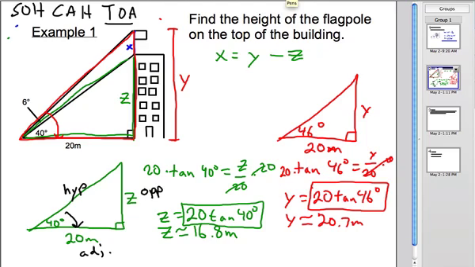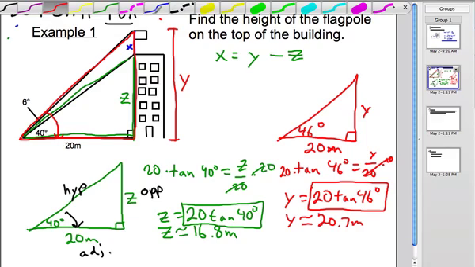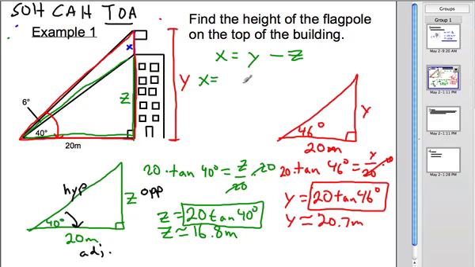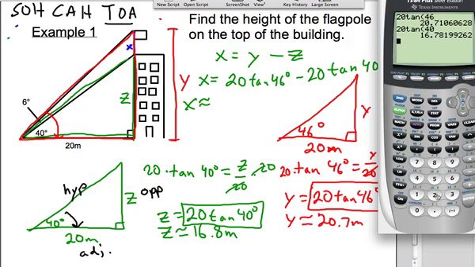So I'm going to use those exact numbers to find x. I'm going to say that x equals 20 tan 46 minus 20 tan 40 degrees. If I type that exactly into my calculator, I'm going to get the most exact answer possible.